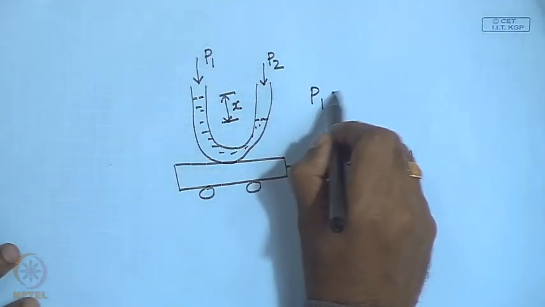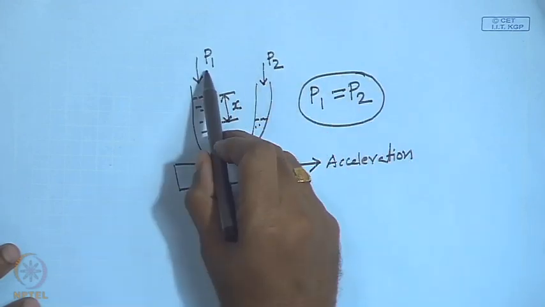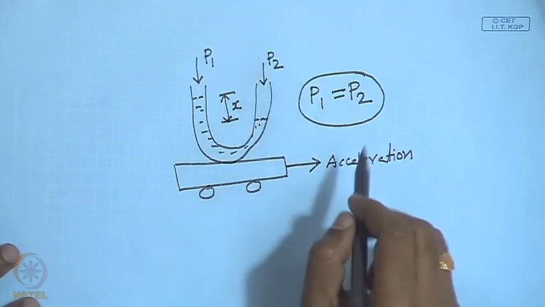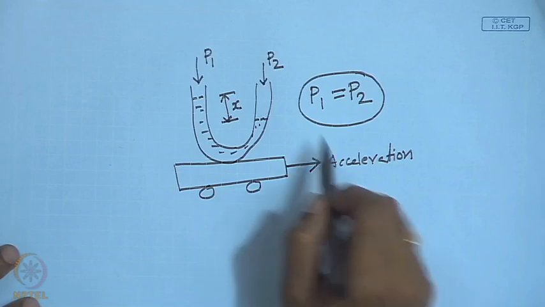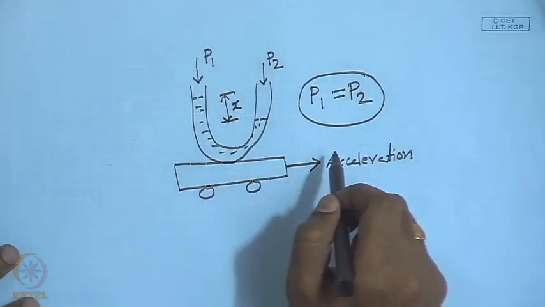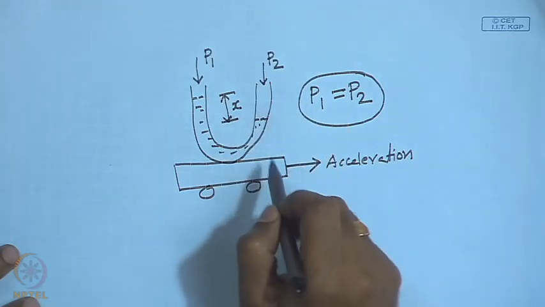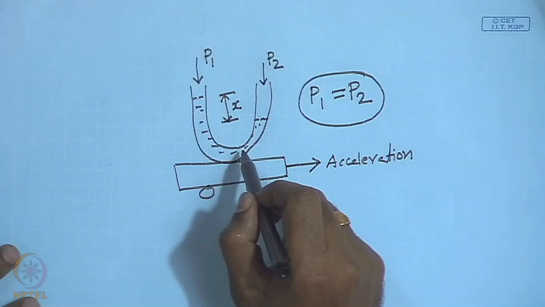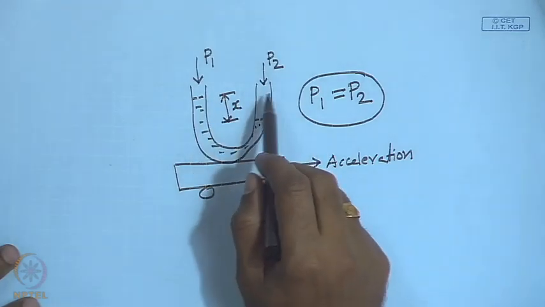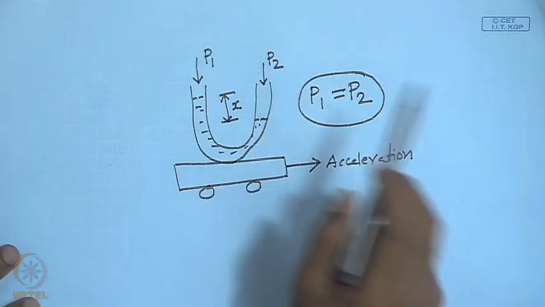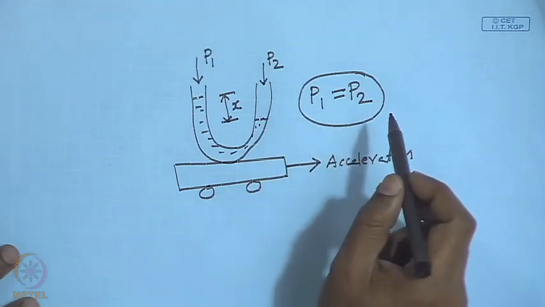We are considering here P1 equal to P2. If P1 is equal to P2 and this is not mounted on a vehicle which is accelerating, x should be equal to 0. But if I mount the U-tube manometer on a vehicle which is accelerating, even if both the limbs of the manometer are connected to the same pressure source, it will show a differential pressure reading.